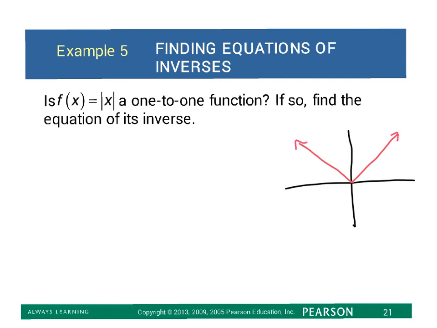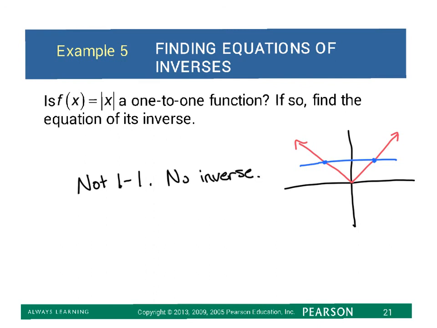Well, if you remember our horizontal line test to determine if a function is one-to-one or not, it would not pass that horizontal line test. So since this function is not one-to-one, it is not going to have an inverse. Not one-to-one, no inverse.